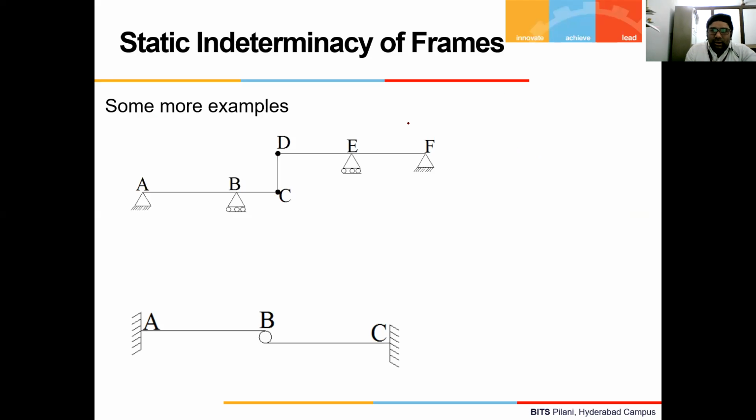So here in this first problem, one link and two internal hinges are given.